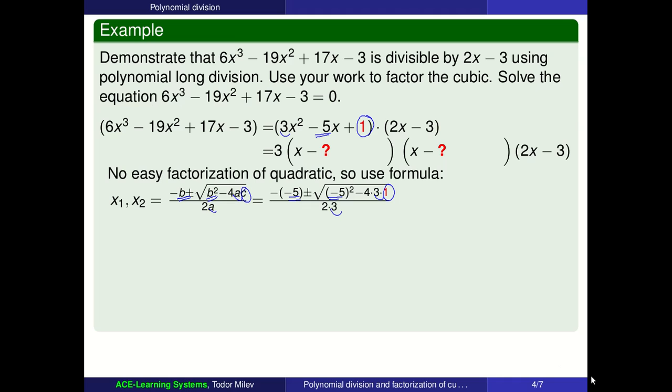So we got our roots. Let's see how that simplifies. Here we get negative 5, that is 5, plus or minus a radical of 25 minus 4 times 3, that is 12, the whole thing over 6, so we get 5 plus or minus radical of 13 over 6.